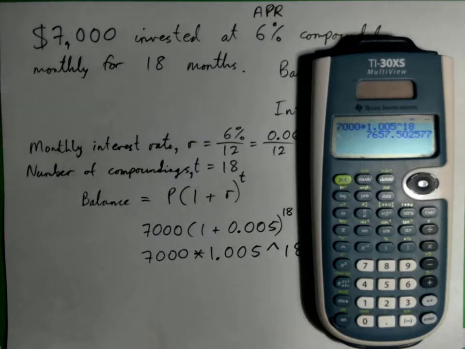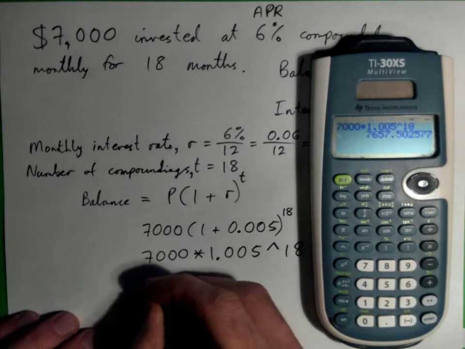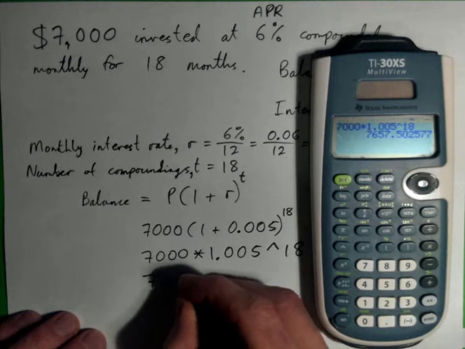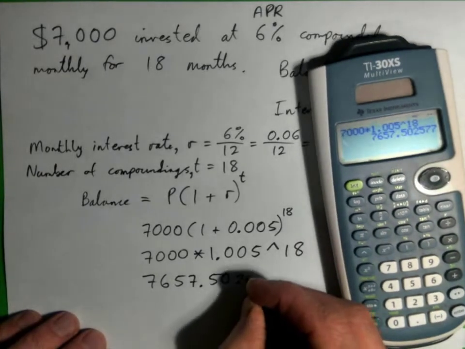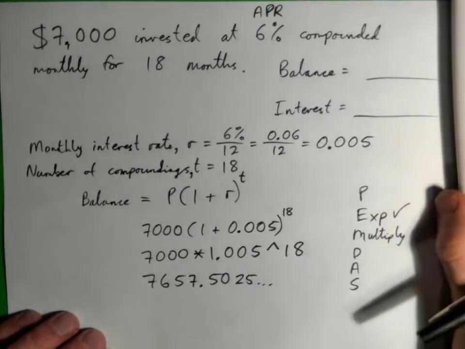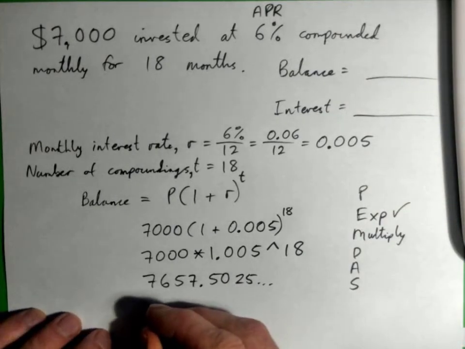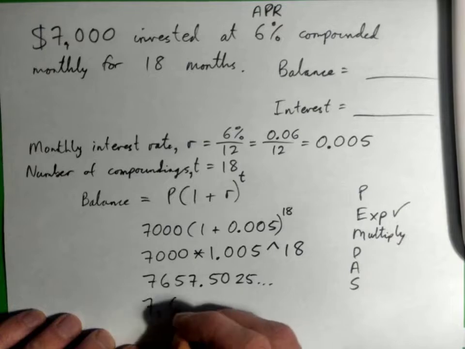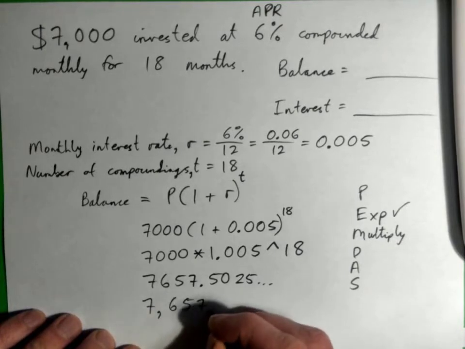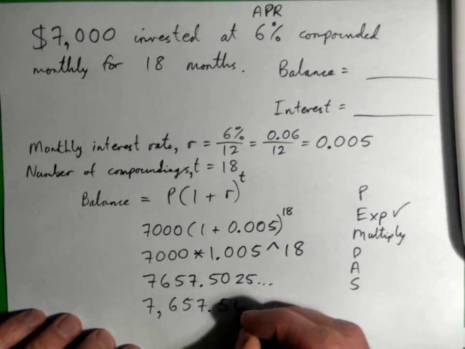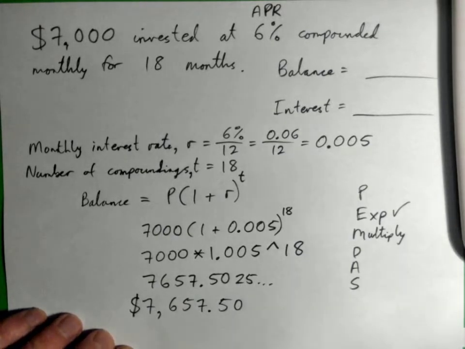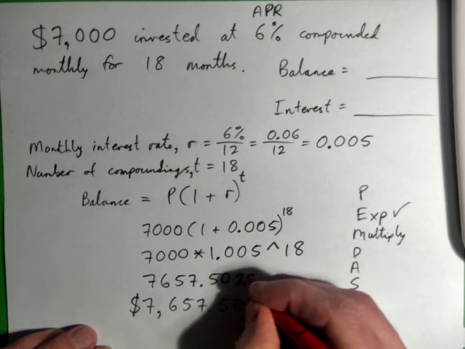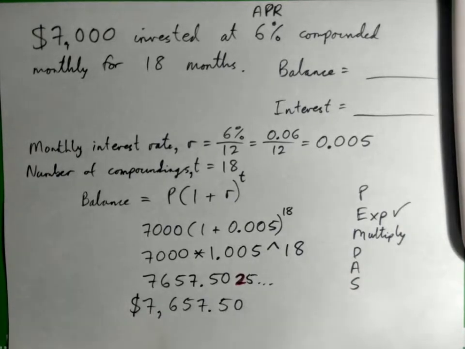So, let's see, what do we got? 7657.5025 and so on. So round that to the nearest cent and we get what? Yep, 50 cents. $7,657.50, because after the 50 you have a 2, so that's why we round down, right?